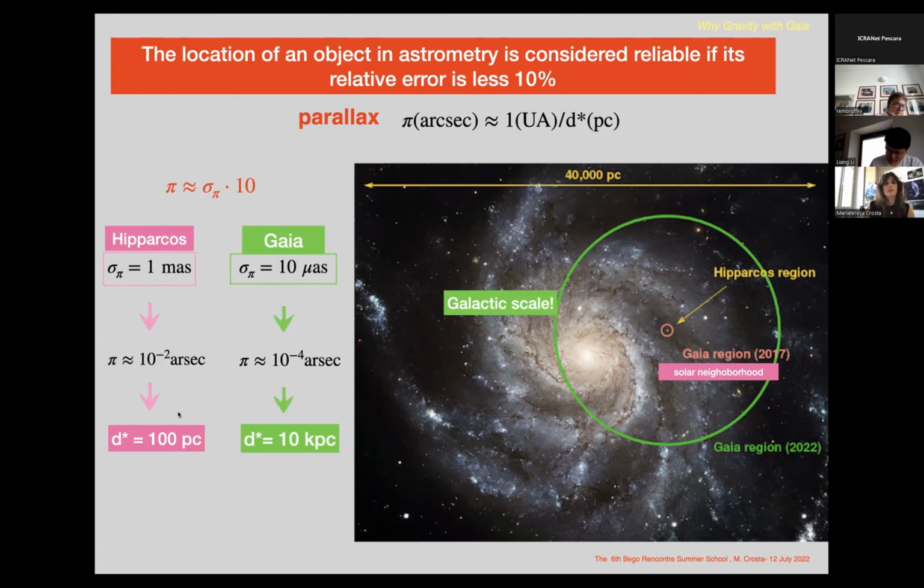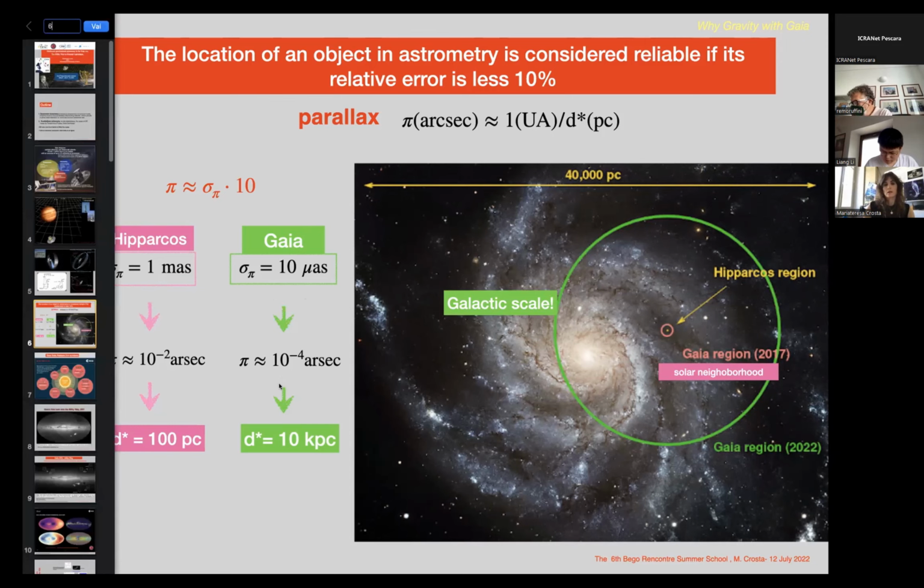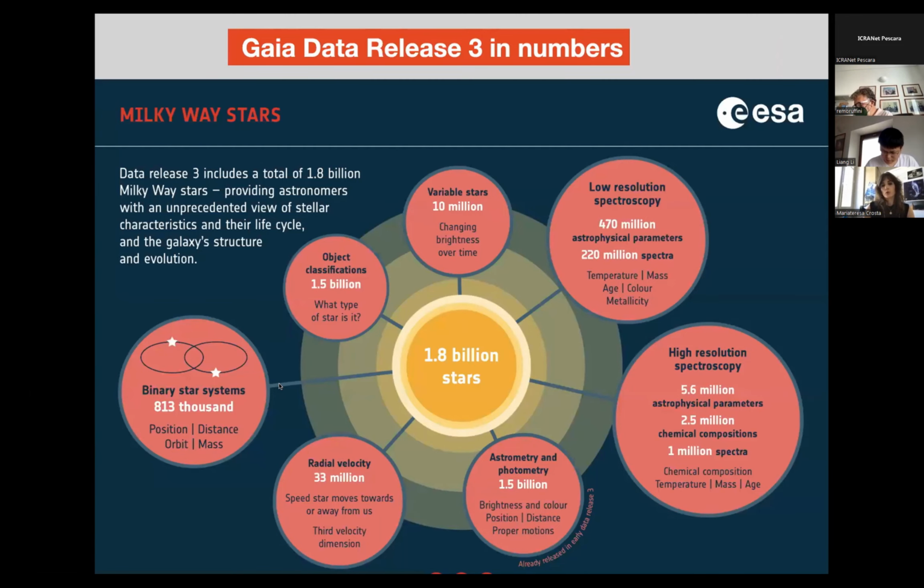That means that with 10% accuracy, with Hipparcos we reached just the scale of 100 parsec. With Gaia, since we are measuring 10 microarcseconds, for example for bright stars, we are able to reach the galactic scale. And for this reason, the final goal of Gaia is to understand the evolution, the formation, and the structure of the Milky Way.